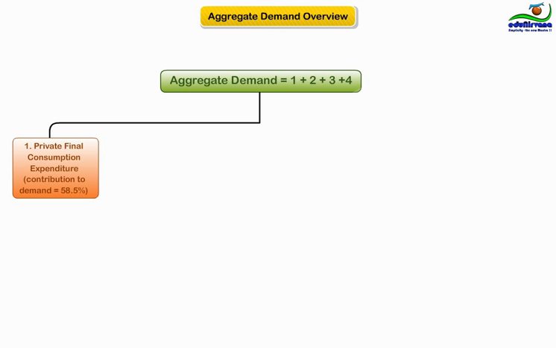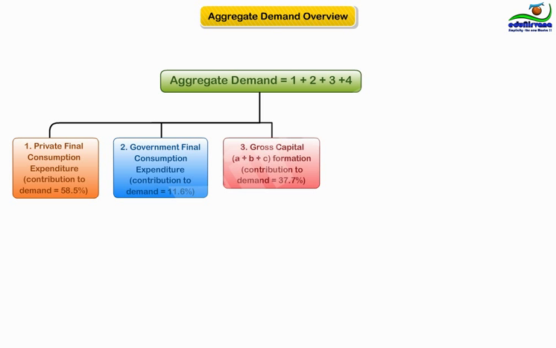Contribution to demand is 58.5%. Government final consumption expenditure. Contribution to demand is 11.6%. Gross capital formation. Contribution to demand is 37.7%, and this is divided into three subcategories: A plus B plus C.